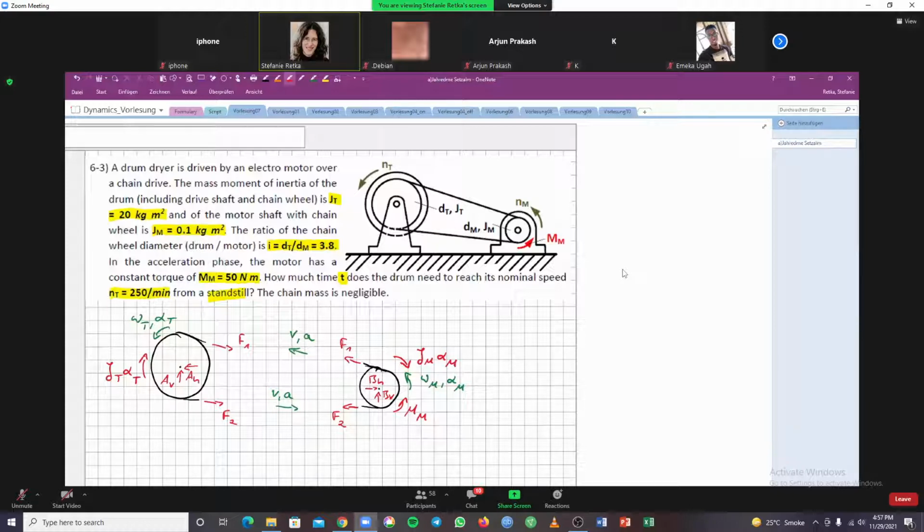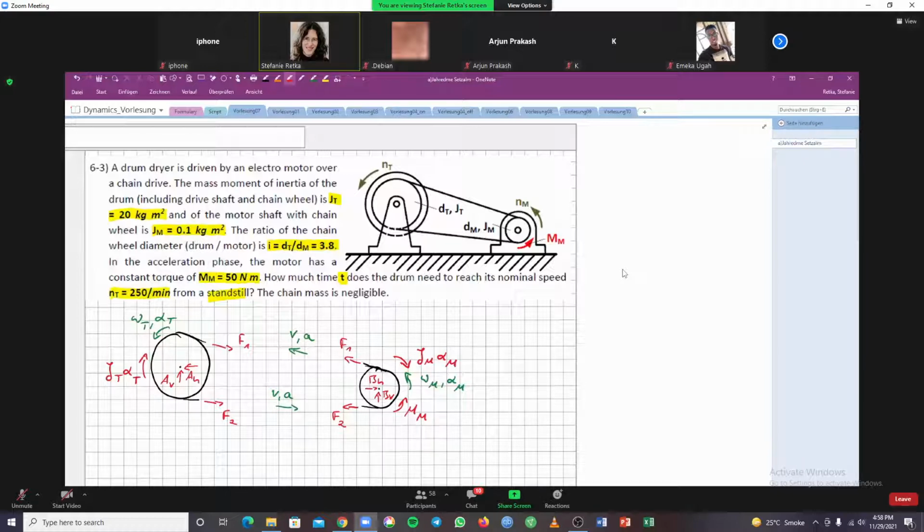And we do not know the support reactions. We are not interested in the support reactions. Then when building the equilibrium conditions, we shouldn't build the sum of all forces, because this would just give us additional unknowns, which we don't need.